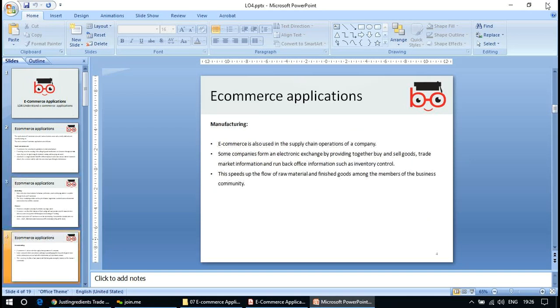Manufacturing. E-com is used in the supply chain operations of a company. Supply chain is basically not only the final products, but you can also use it for manufacturing parts.